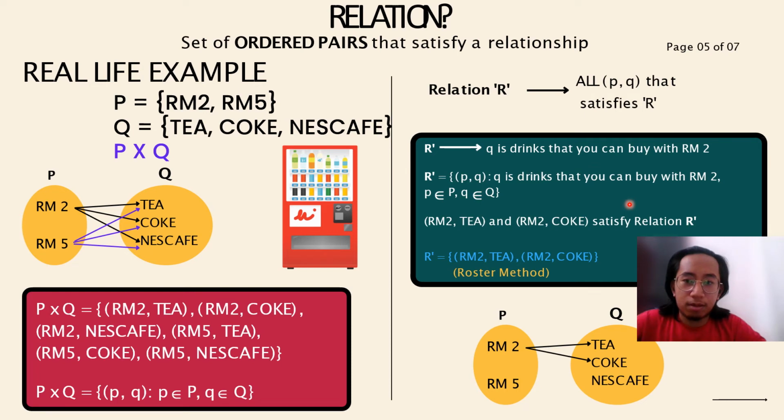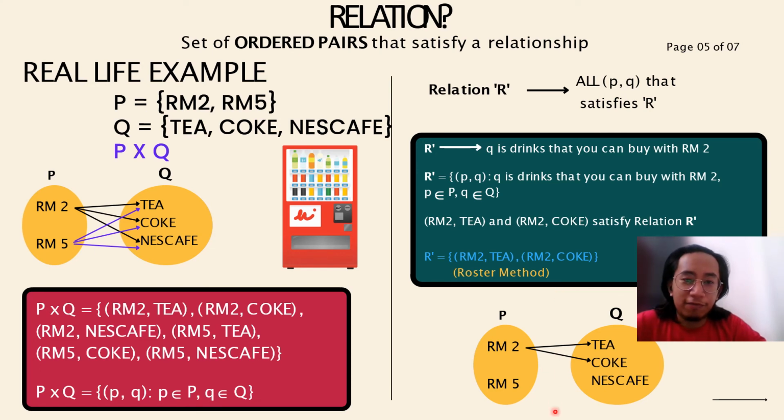Now let's choose the ordered pairs from the Cartesian product P cross Q that satisfy the relation. Let's look at the ordered pairs here. Notice that Tea is a drink that can be bought with 2 ringgit, and Coke is also a drink that can be bought using 2 ringgit.